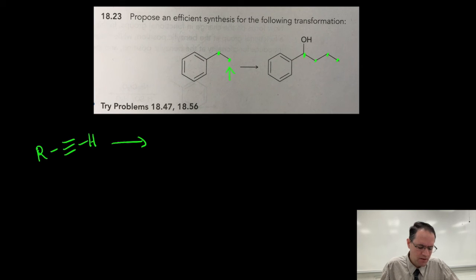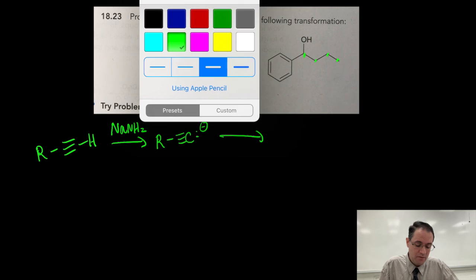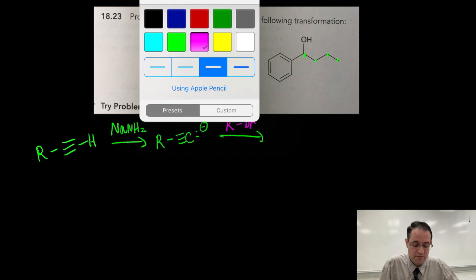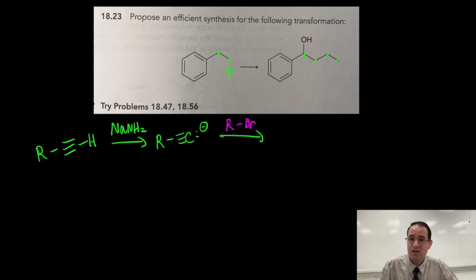So we should probably stick with the reactions that you're memorizing. So sodium amide gives you an acetylide, and then remember that we can alkylate that. So if we added this to a primary alkyl bromide, for example, we could snap on 2 additional carbon atoms to that alkyne.